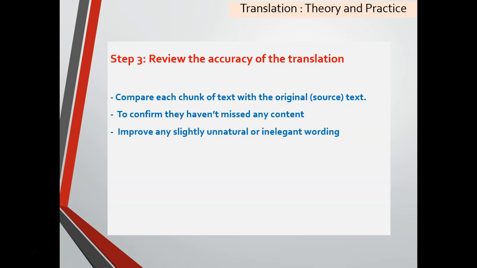So they make a comparison between the target language chunk that is translated and that chunk in the source text. The primary goal here is to confirm that they haven't missed any content or misinterpreted any meaning. Most translators will also identify and improve any slightly unnatural or inelegant wording in this step.